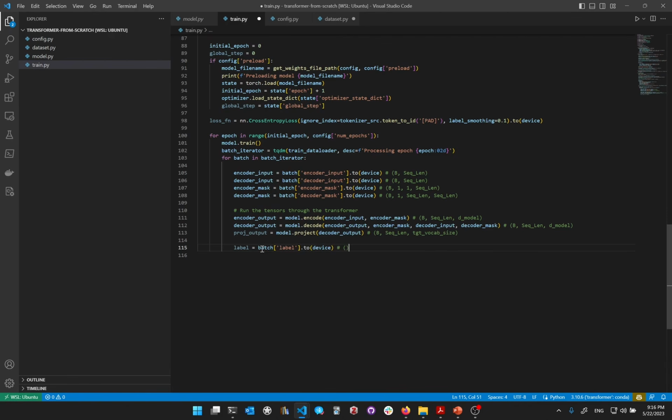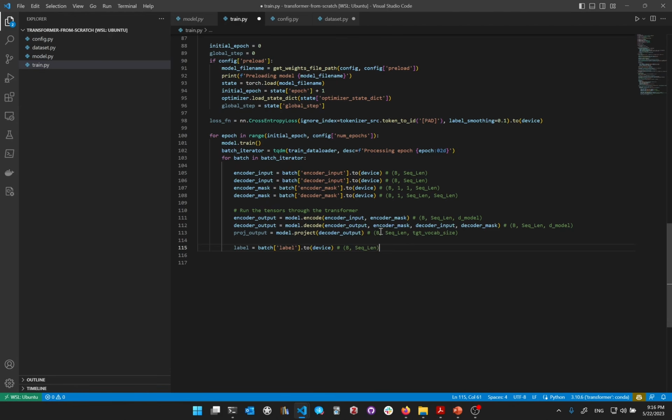So what is the label? It's B, batch by sequence length, in which each position, so the label is already for each B and sequence length, tells us what is the position in the vocabulary of that particular word.